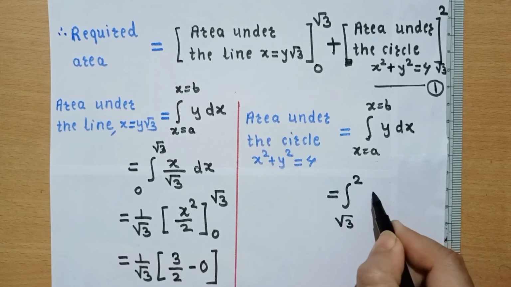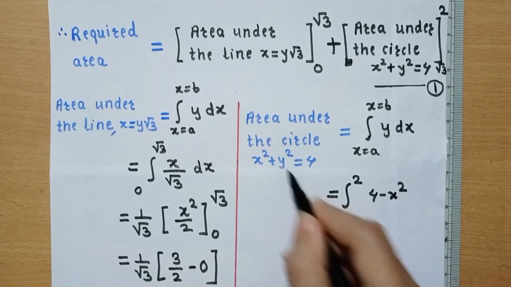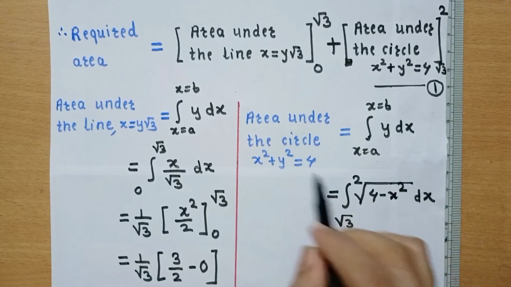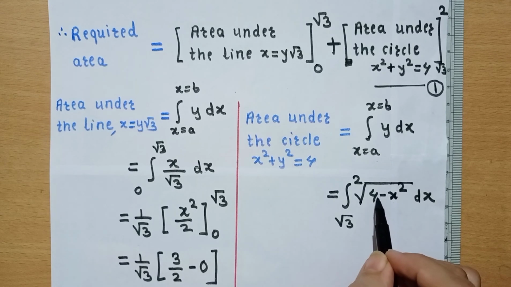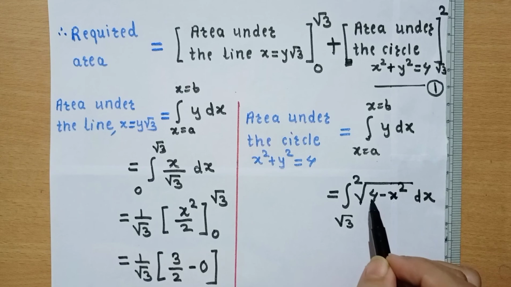So move x square to that side, so we have 4 minus x square, and since this is y square we have to take the root, dx. This is the value of y from this equation, and this is in the form a square minus x square. That means we can write 4 as 2 square. So we will use the formula.